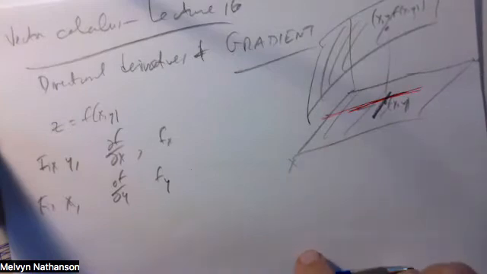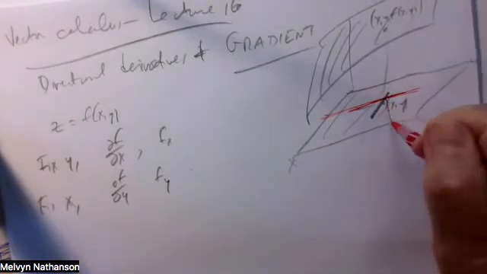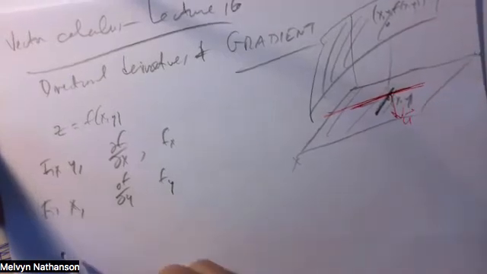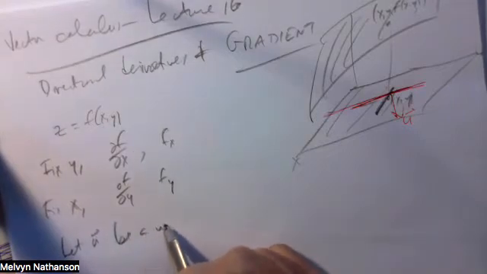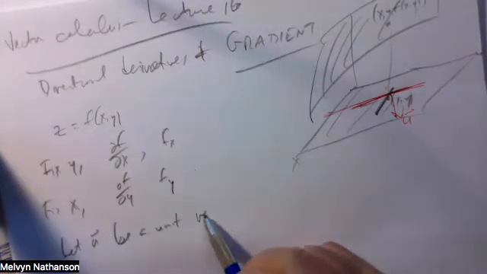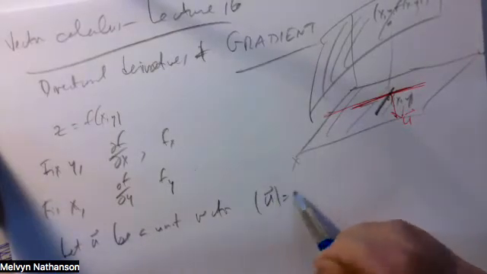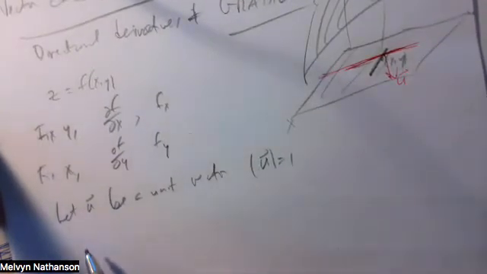But more generally, we want to know if you take some direction u, what is the rate of change in the direction u? And we let u be a unit vector, so this means a vector whose length is 1. And we want to find the directional derivative of f in the direction u.